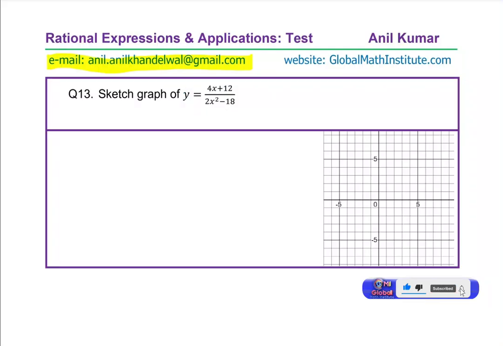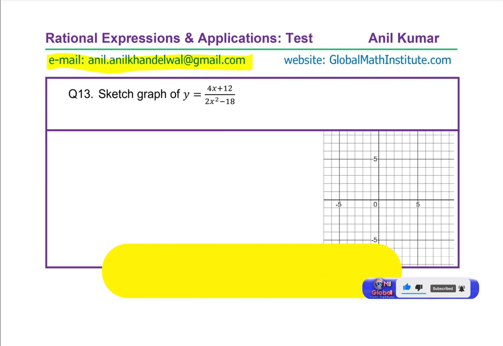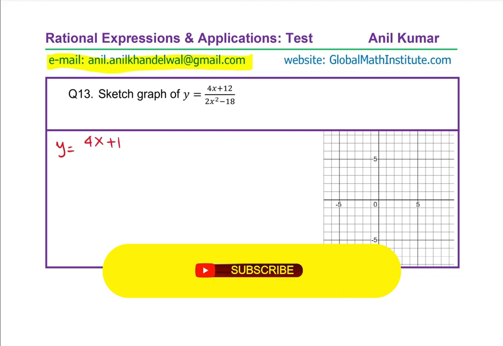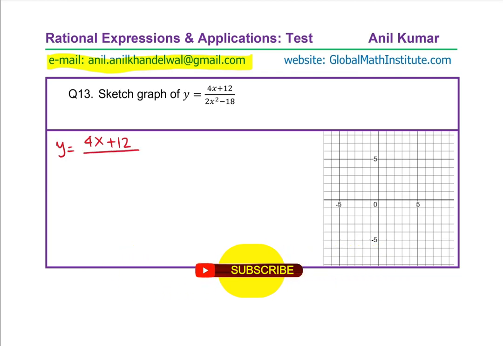Now, these concepts will help you to answer the initial questions also, right? So, let's see. How do we sketch the graph of a rational function? We are given the equation y equals (4x + 12) over (2x squared minus 18).